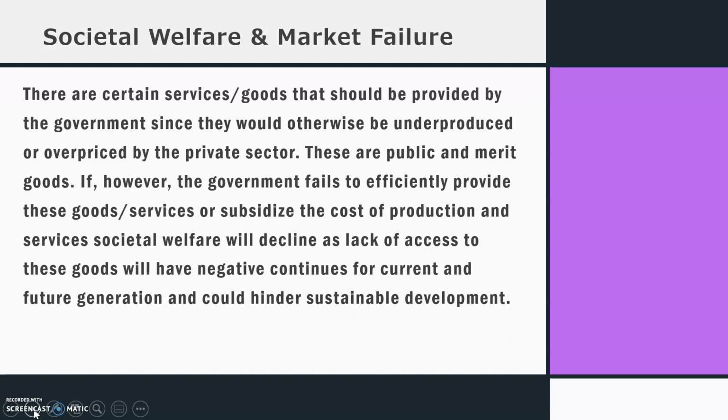There might be an inefficient or unreliable educational system or health systems. And so we know that this could have an effect on current and future generations, and it could possibly hinder sustainable development.